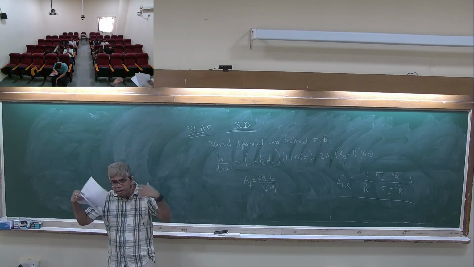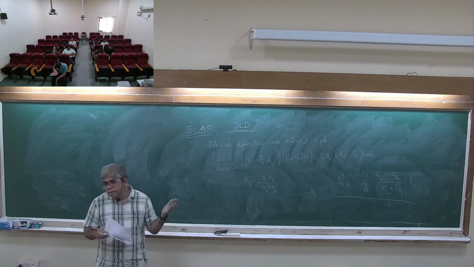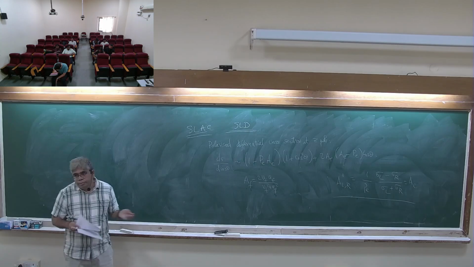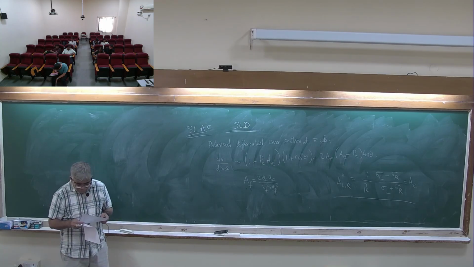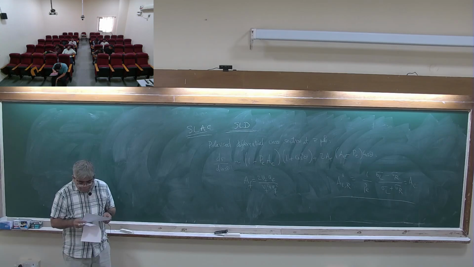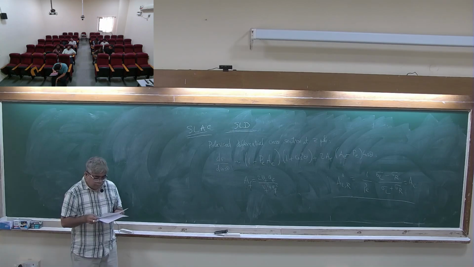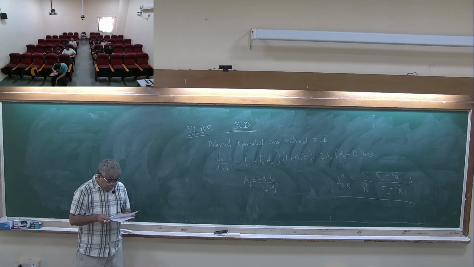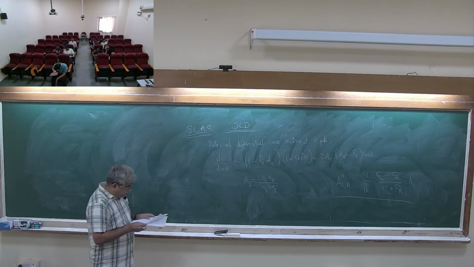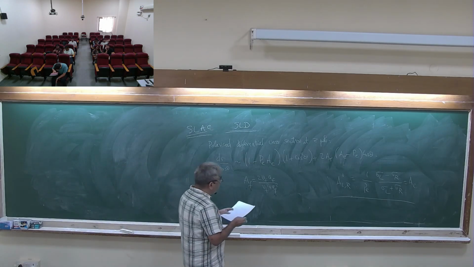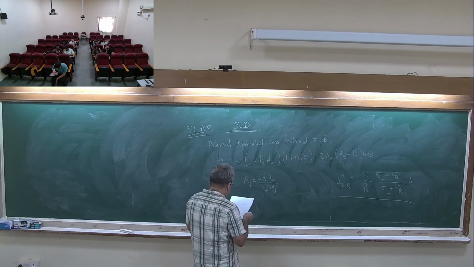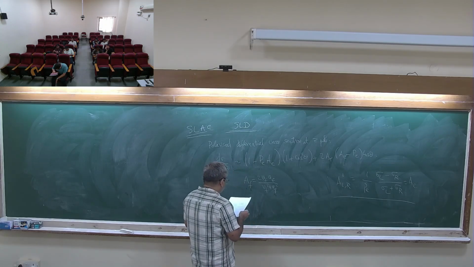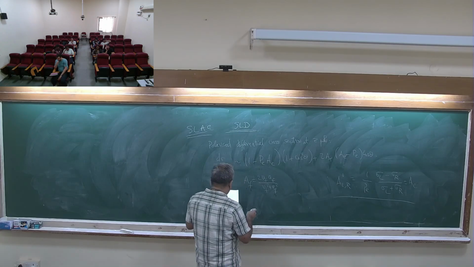When you are doing a global electroweak fit, you have to consider them separately. Now this also gave you a sin squared theta W and A_LR also. These measurements I'll show you in a graph essentially.